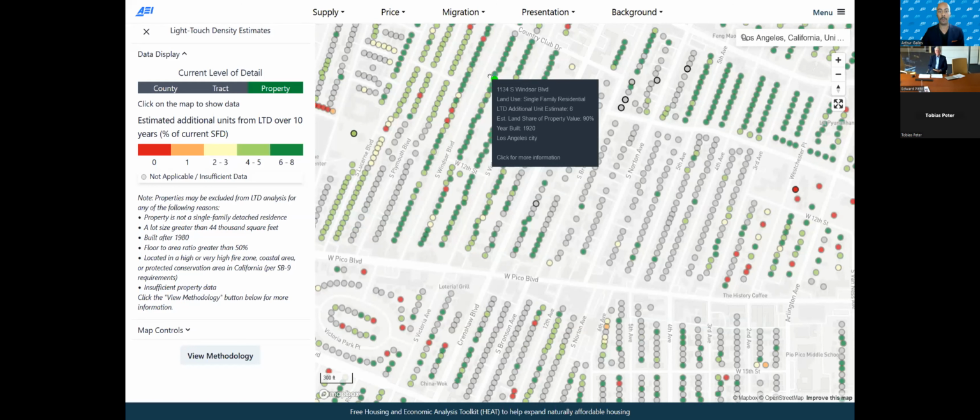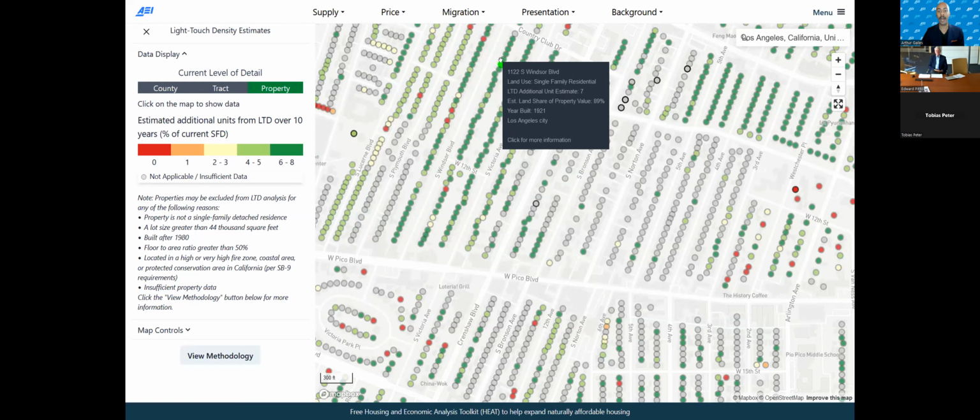We can hover over each given property for which we have sufficient data, which is most of the single family detached housing stock in the country. And we can see the address, the type of property it is, the number of units that could be added, up to 7 additional units for a given property, given its economic criteria and the space available on the lot.